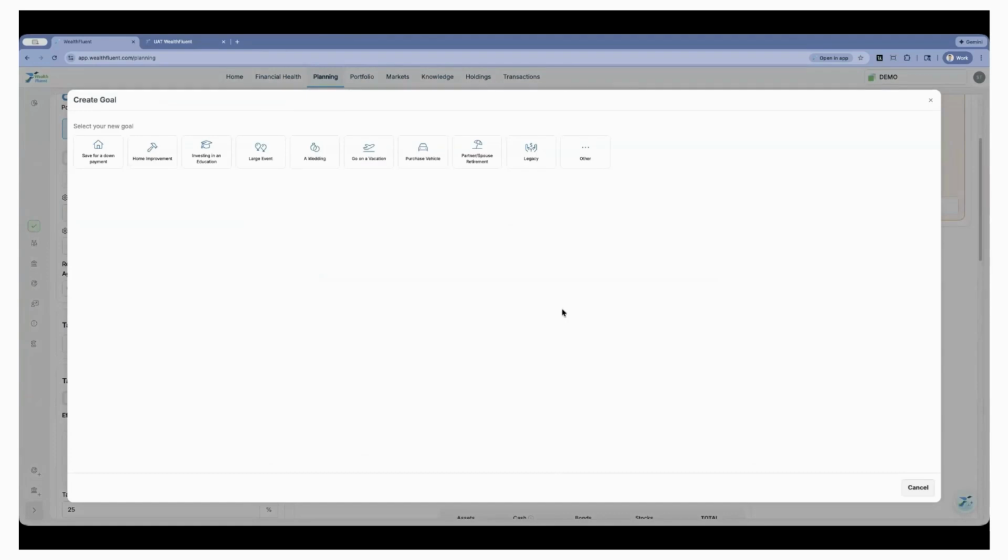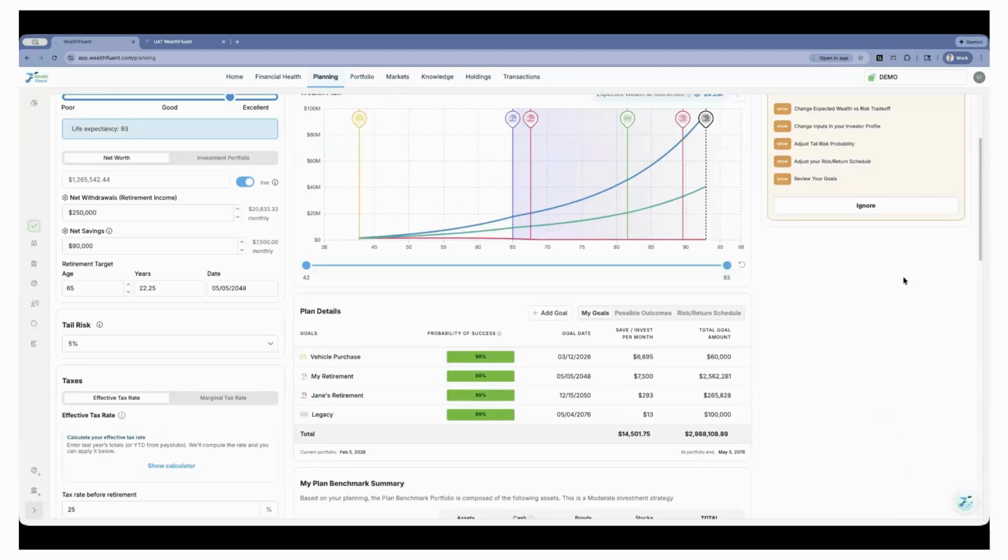And this is done in a way where it can be granular. If every vacation or every expenditure over $5,000, you could put a goal in for that, or you focus on the big things. Either way, all future cash flows are taken into account in the plan, as well as the investment returns of the chosen portfolio.